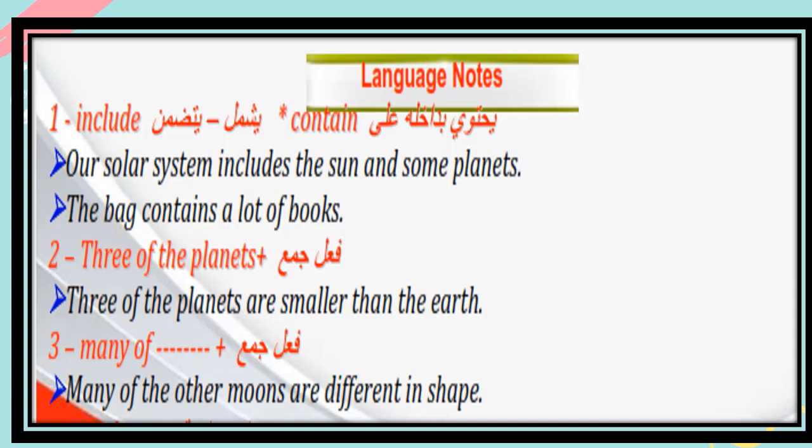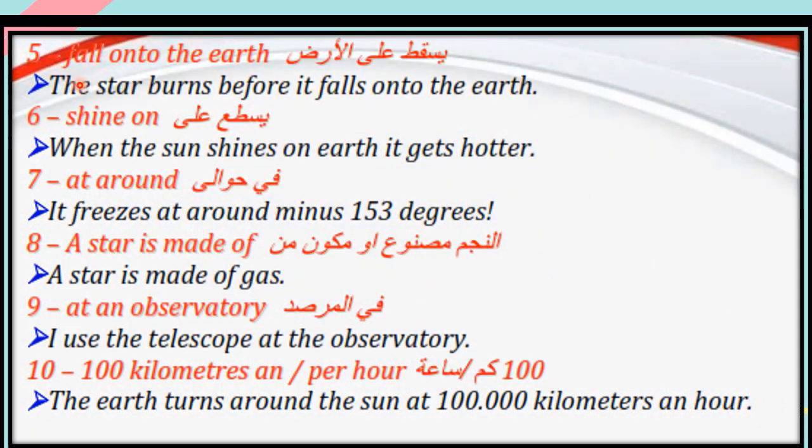Let's read the sentences. Our solar system includes the sun and some planets. The bag contains a lot of books. Three of the planets are smaller than the Earth. Many of the other moons are different in shape. Fall onto the Earth.